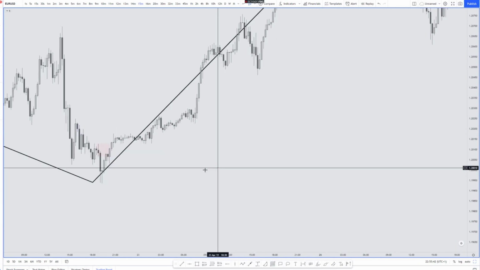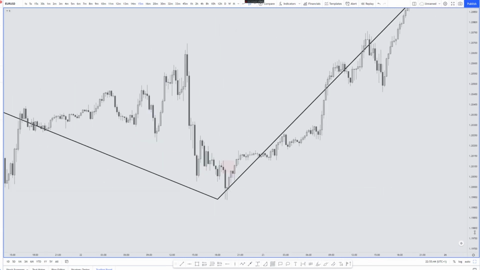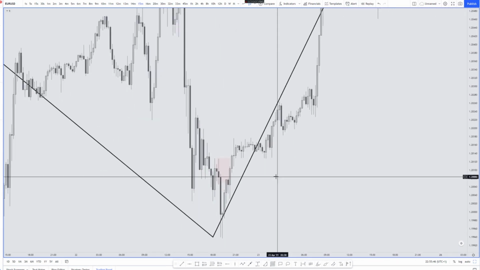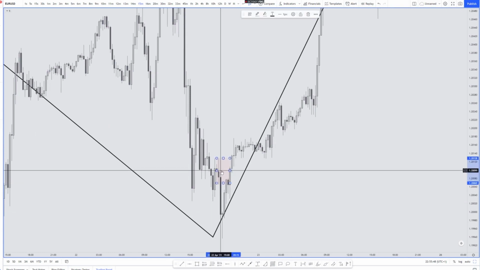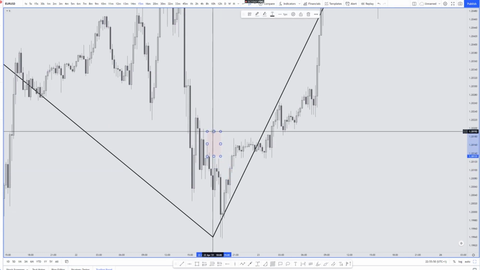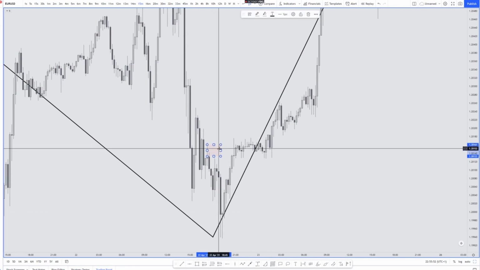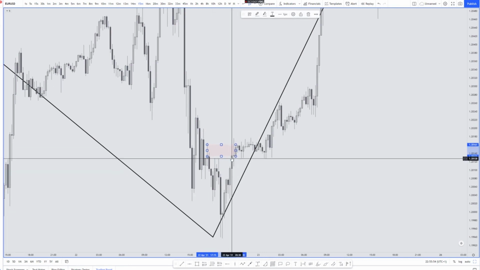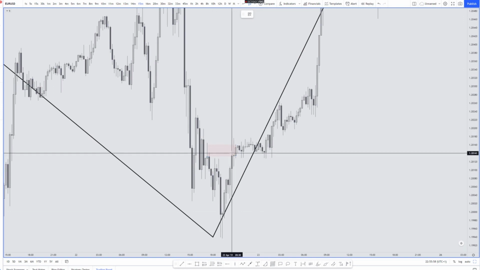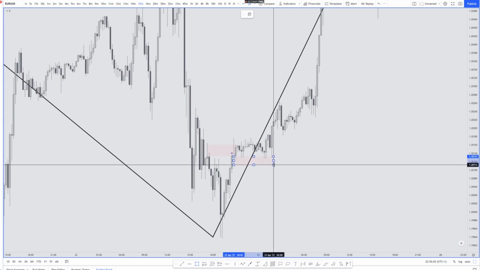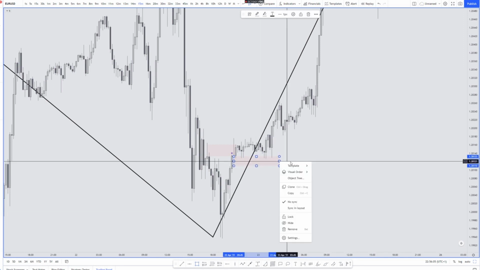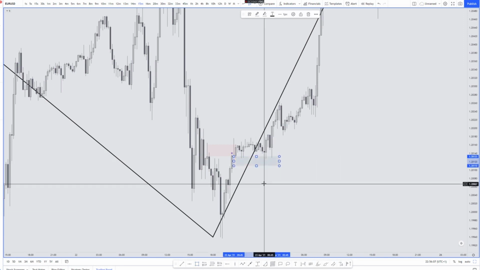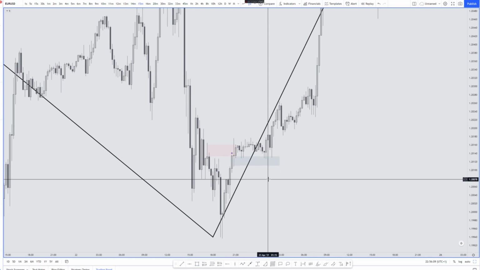You have actually another little bit of a supply that fails here, and we won't know which POI is going to work every time, but in this case you also have another supply zone on this doji. You really don't have the greatest interaction there, but you do have a bit of a reaction point, and you do have a demand zone. Now in this particular case, this is the zone they decided to go off of. And this is why we pair time frames.